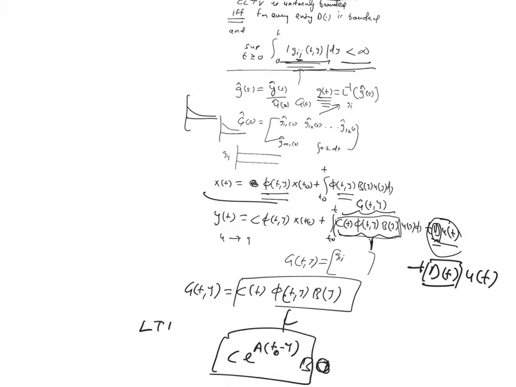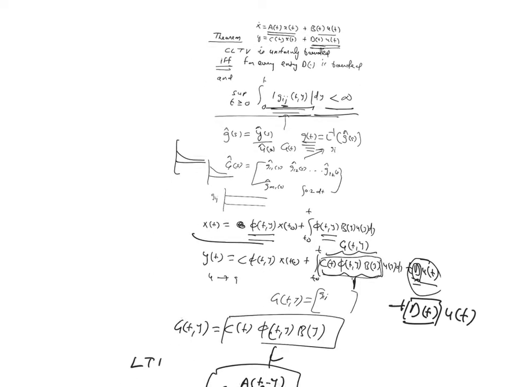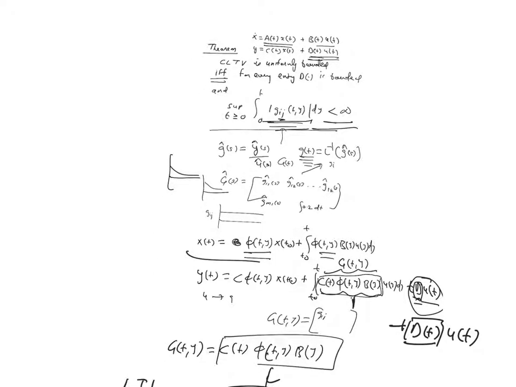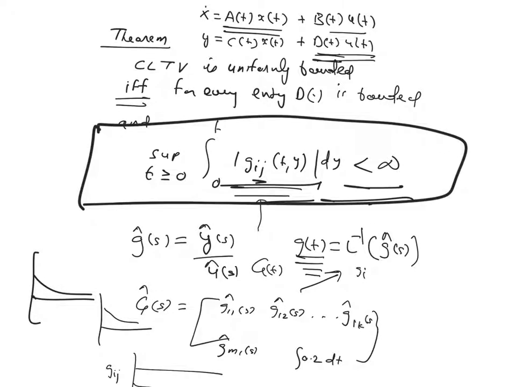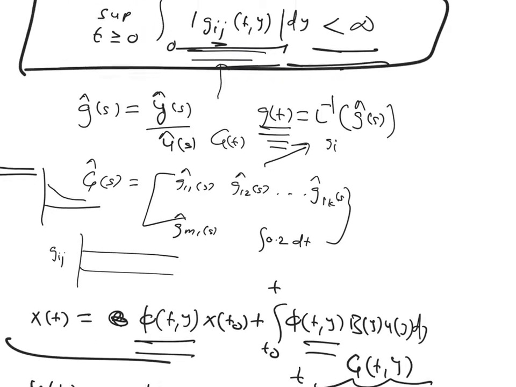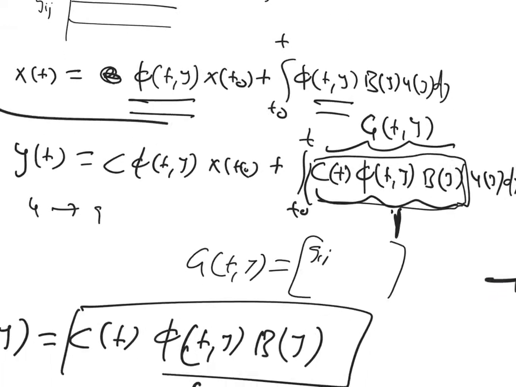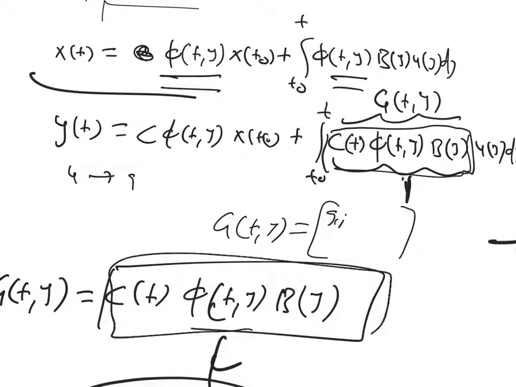The condition says that D(t) has to be uniformly bounded, and this should be satisfied for each element of the impulse response. So D is bounded, and each element of the impulse response, this matrix, is basically decaying.